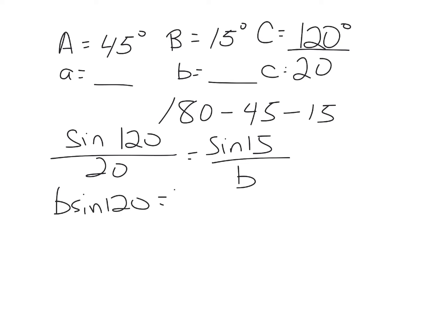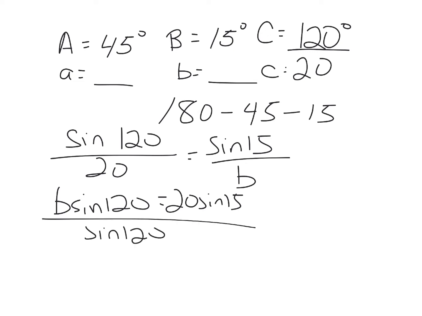Cross multiply, and then divide by sine of 120, and you will get b equal to 5.98.